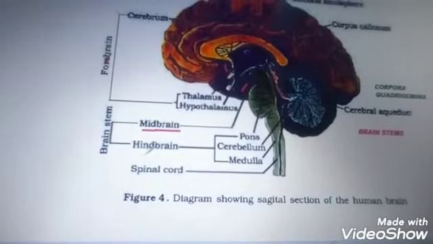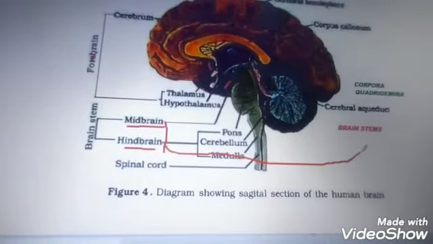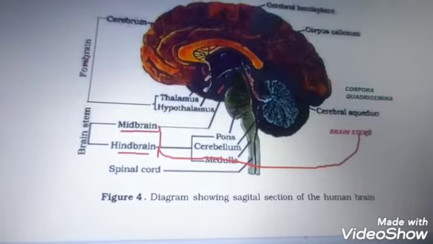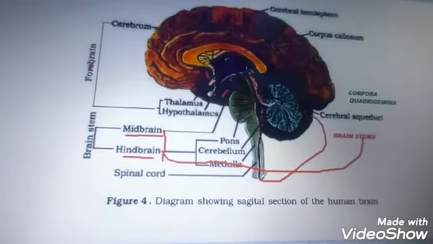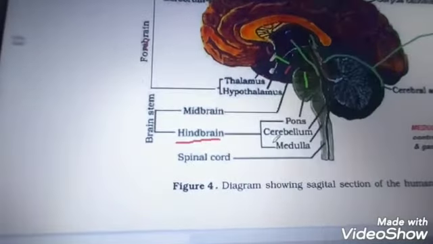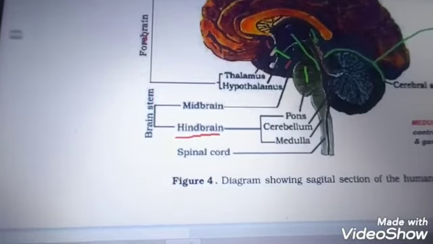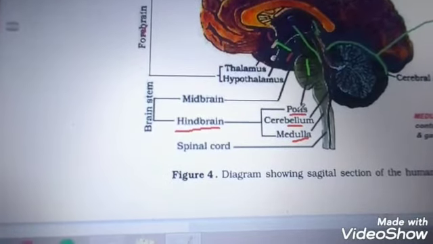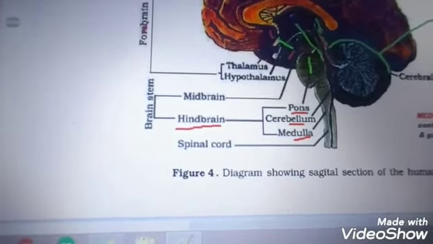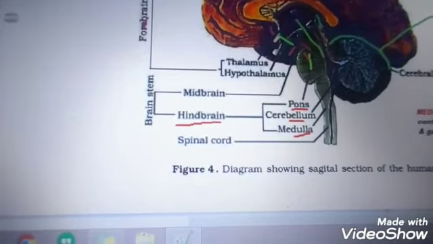The midbrain and the hindbrain together form the brain stem. The brain stem is the connection between the brain and the spinal cord. Now let's study the hindbrain in detail. The hindbrain consists of pons, cerebellum and medulla. The pons consists of fiber tracts that interconnect different regions of the brain.